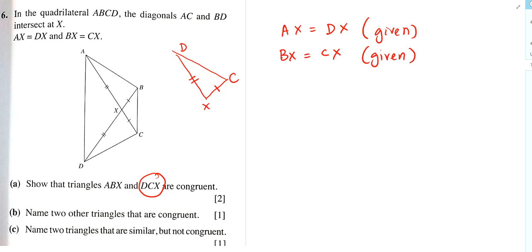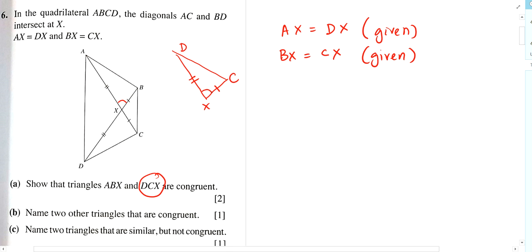Which angle do you want to find? AXB and CXD. If only I can prove that these 2 angles are the same, then which test will I be able to use? SAS, right? Okay, so that is my goal right now, to prove that these 2 angles are the same.